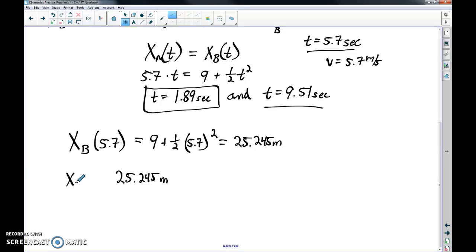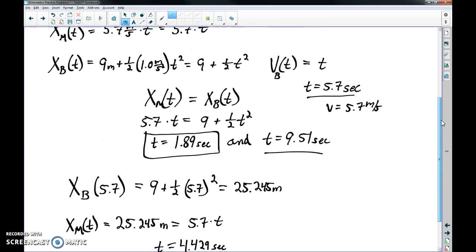This is my x of me equation, and that equals 5.7 times my time. We'll figure out how long that takes. So t equals 4.429 seconds here. And that's how long it takes me to travel the same distance.